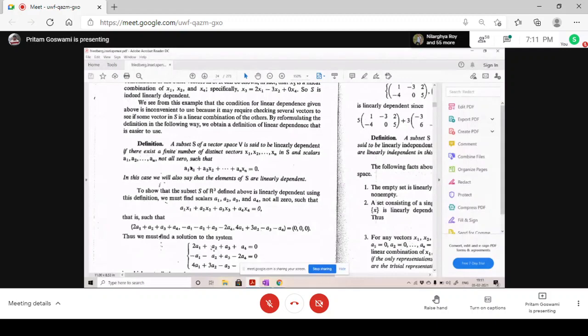Is it clear till now? Can you repeat again? Suppose there is a vector space V and there is a subset S of that vector space.